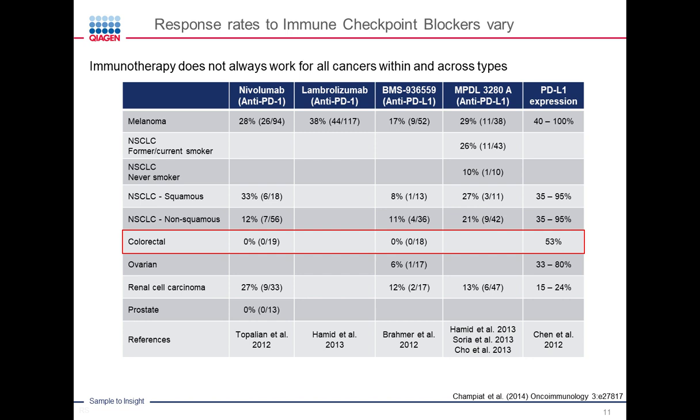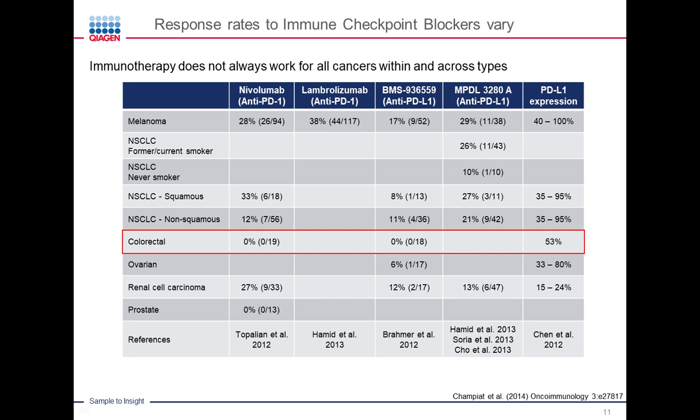You do see that, for instance, colorectal cancer specimens actually express PD-L1, as you see on this slide on the far right hand side of this table. 53% of colorectal cancer samples actually express PD-L1. And so if they express PD-L1, generally speaking, or logically speaking, they should be responsive to the inhibition of PD-L1 and its interaction with PD-1.